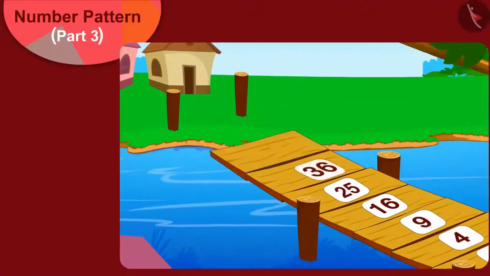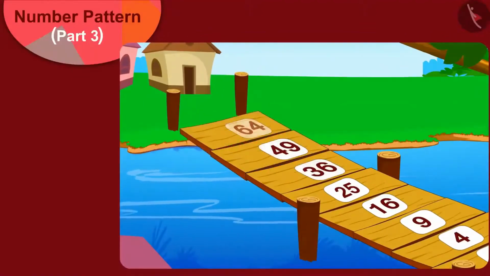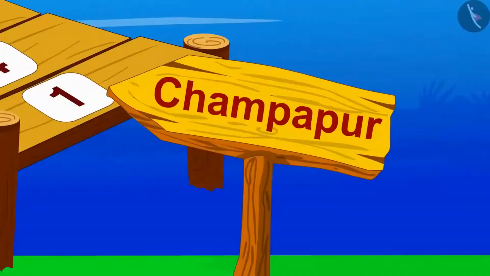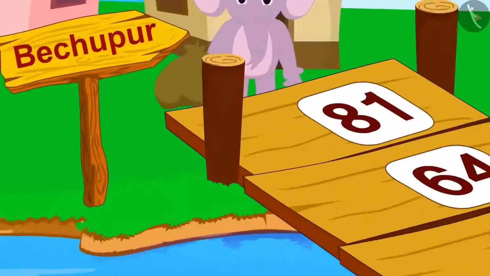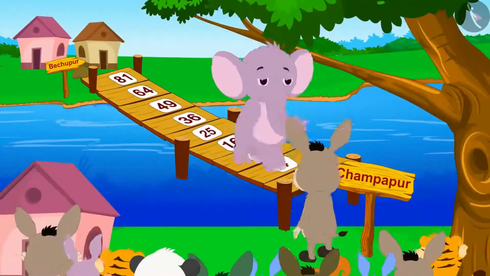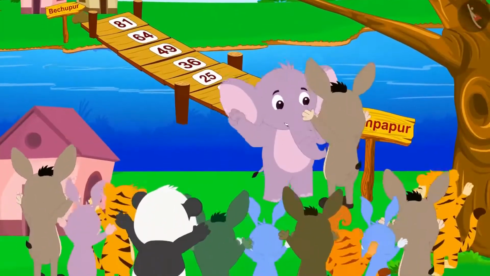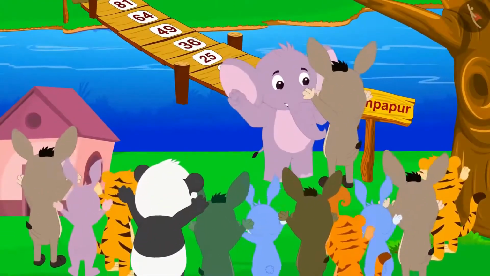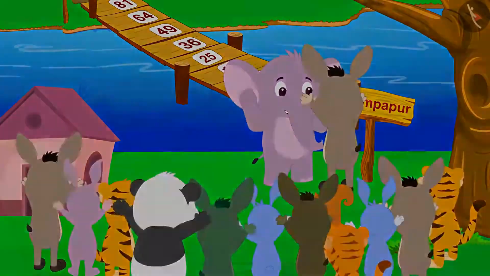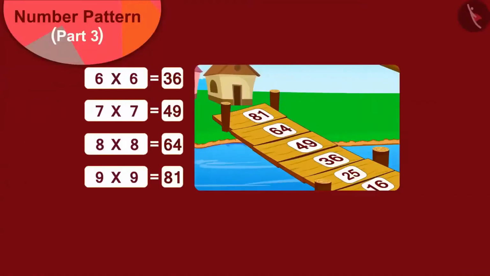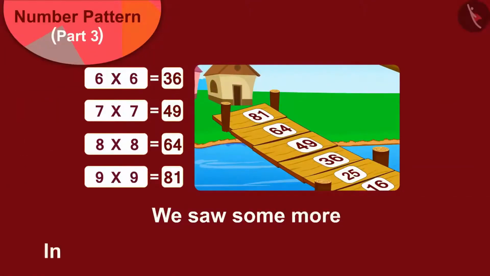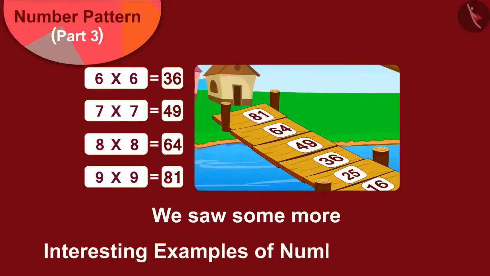The villagers also together wrote these numbers on the bridge, and finally the bridge between Champapur and Bechupur was completed. All the villagers started dancing happily. Children, in this video, we saw some more interesting examples of number patterns.